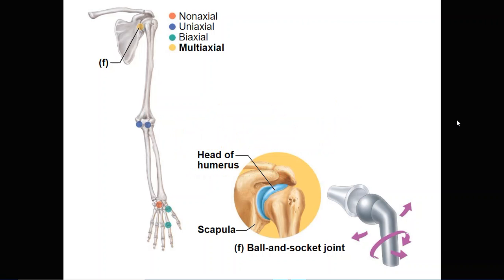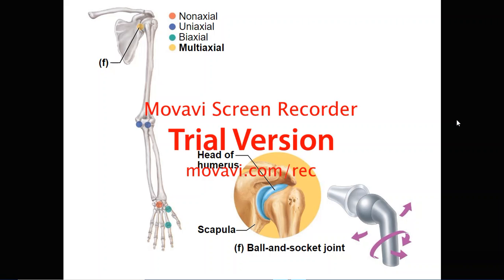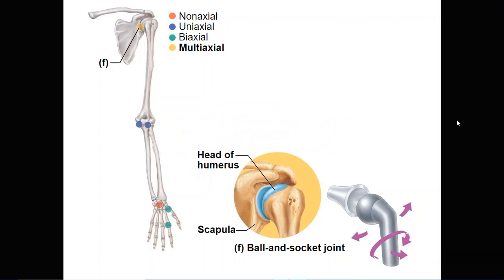You can do flexion and extension, adduction and abduction. You also have rotation. So you have movement in all 3 planes with a multi-axial movement: flexion and extension, adduction and abduction, and rotation. Okay, movement in all 3 planes, commonly known as a ball and socket joint.